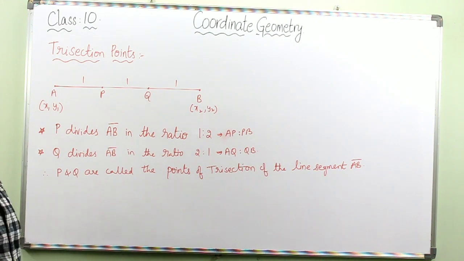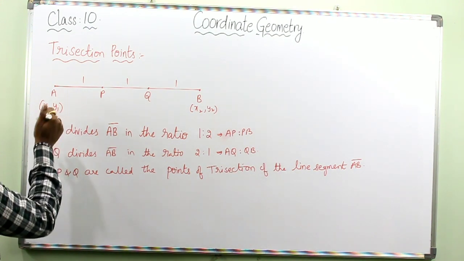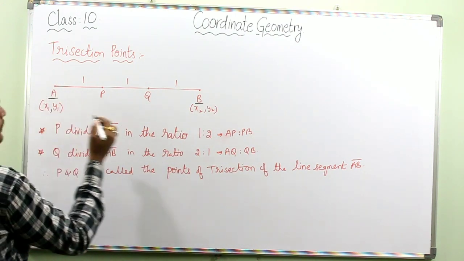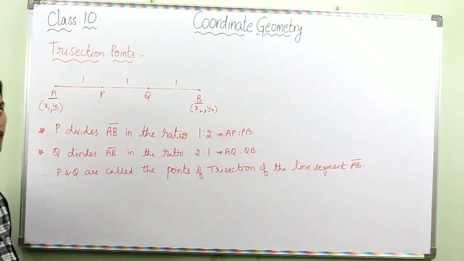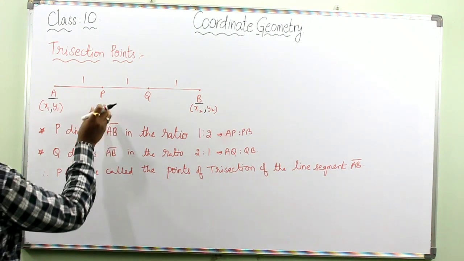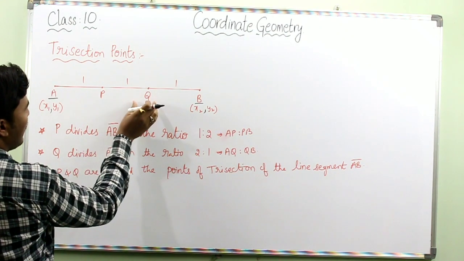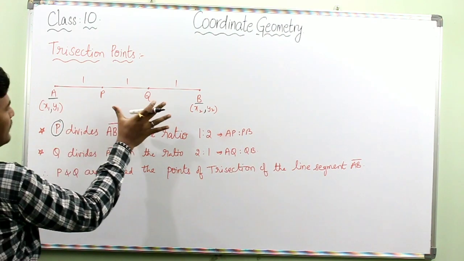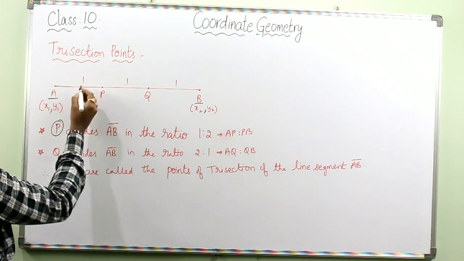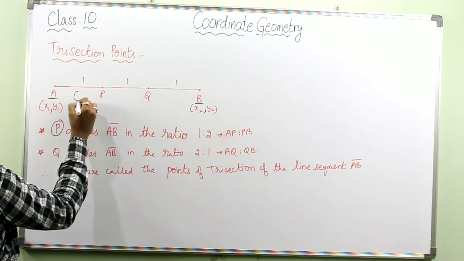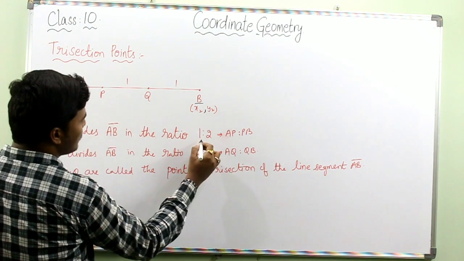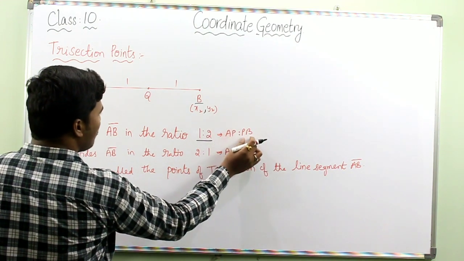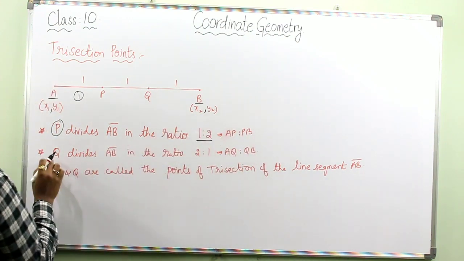So now, trisection points. Let us consider the line segment AB with the coordinates (x1, y1) and (x2, y2). Now this line segment is getting divided at 2 points, that is P and Q, right? Here this point P is dividing the line AB in the ratio: this is one part and these are 2 parts, so 1 is to 2, that is AP is to PB.